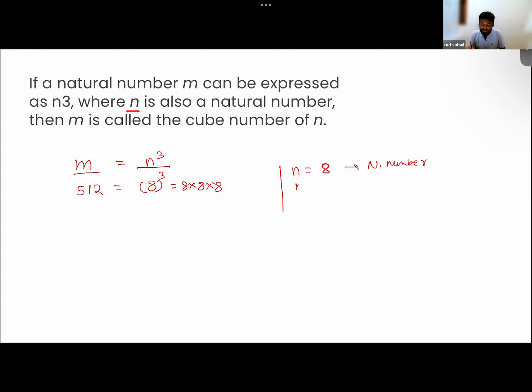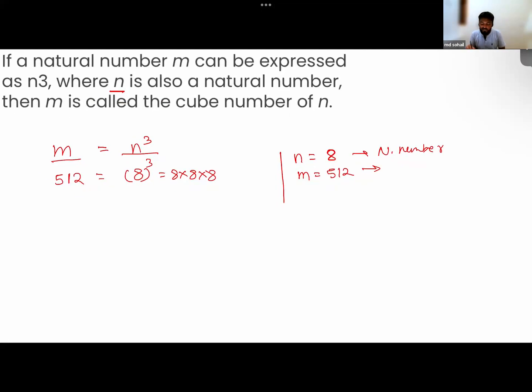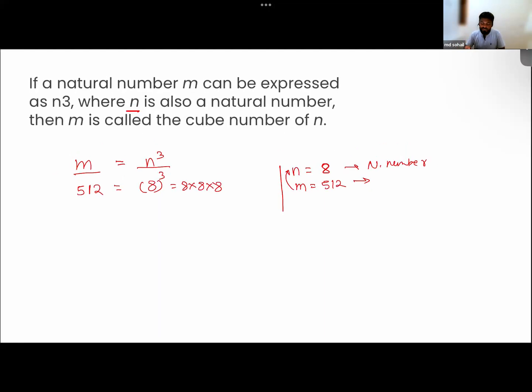And m is also a natural number, that is 512. So this m will be called the cube number of n. That is basically what cube numbers are.